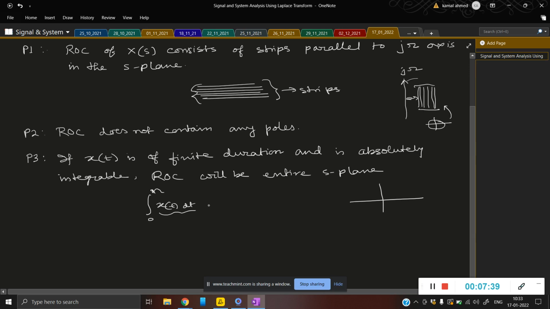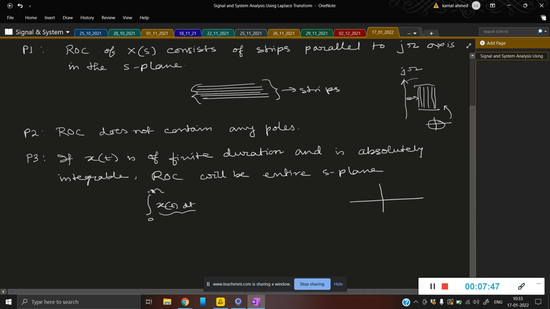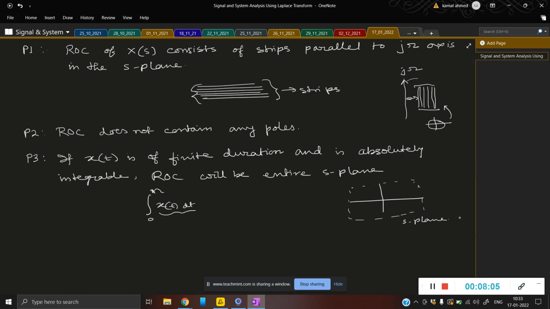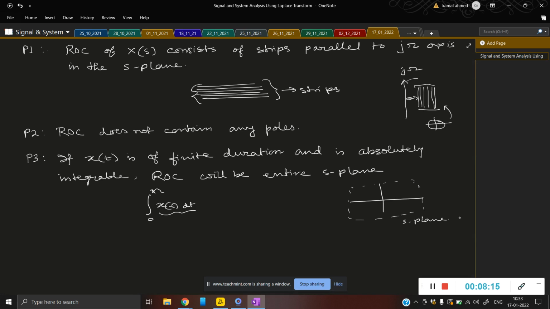So if x(t) is integrable, that means it can be integrated, and its duration is finite, that is 0 to n, then the entire S plane will be the ROC. In the Z transform, what was there? There is a condition: if your sequence is finite, then the ROC will be bounded between a particular limitation.